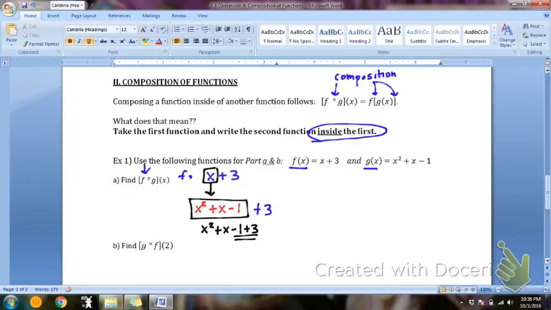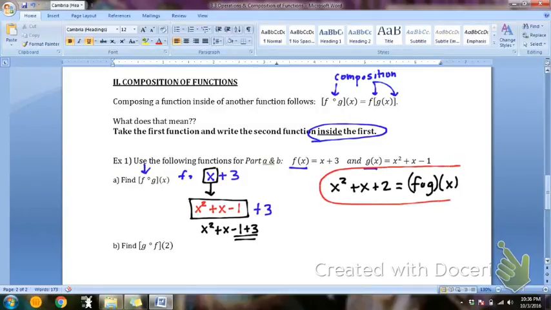Nothing can go with the x squared, nothing goes with the x, and then negative 1 plus 3 is a positive 2. So this is the result I get when I compose f with g and leave it in terms of x. This would be my final answer. X squared plus x plus 2 is equal to f of g of x.